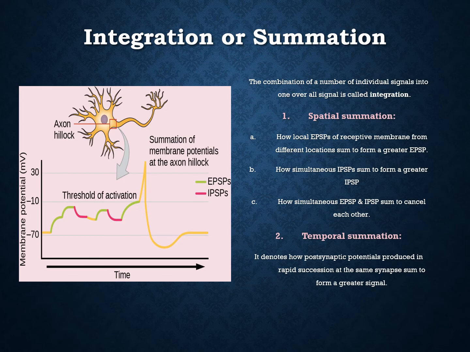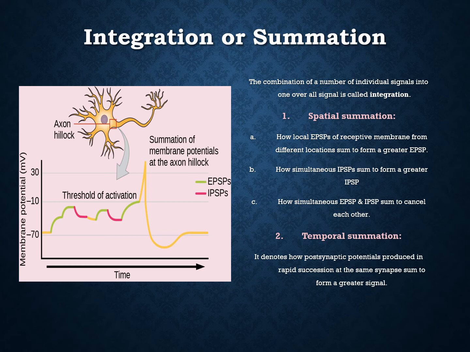Now integration and summation continues. The combination of a number of individual signals into one overall signal is called integration. Spatial summation denotes how local EPSPs of receptive membrane from different locations sum to form a greater EPSP, how simultaneous IPSPs sum to form a greater IPSP, and how simultaneous EPSPs and IPSPs sum to cancel each other.